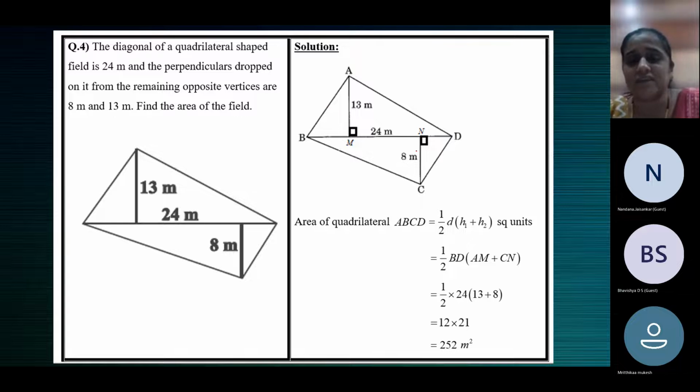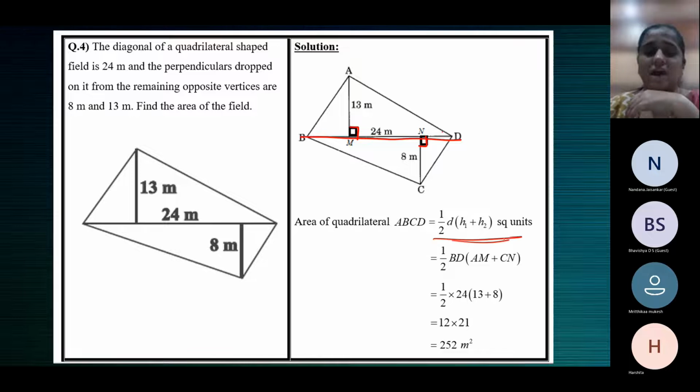AM and CN are perpendiculars because of the 90 degrees here. So BD is the diagonal and AM and CN are the perpendiculars on the diagonal.